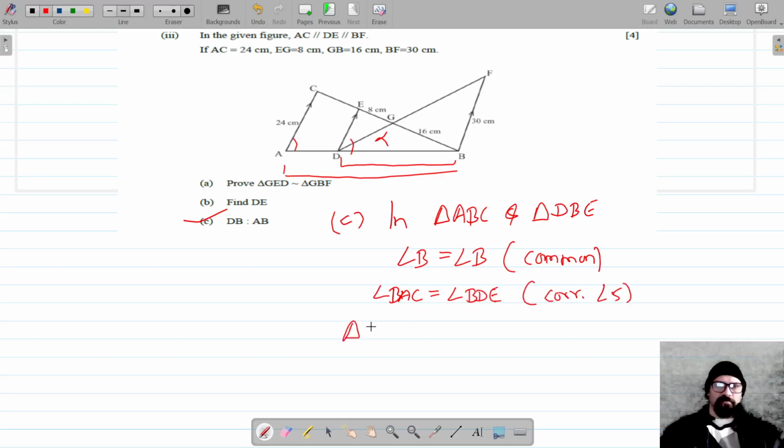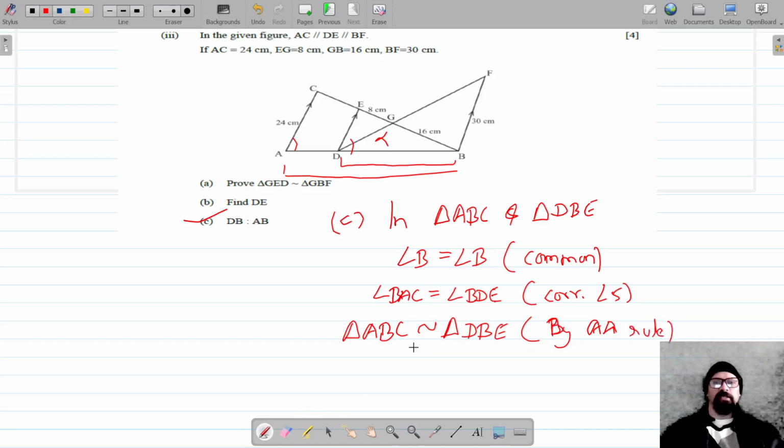So that means triangle ABC is similar to triangle DBE, and these two triangles are similar by AA, because if two angles are equal in a triangle, the third angles are also equal, so we are just considering it as the AA rule.